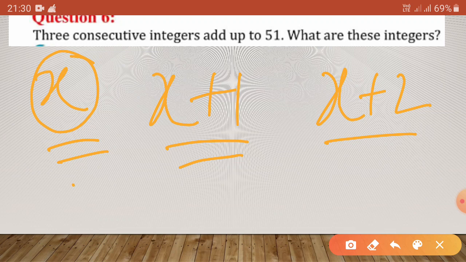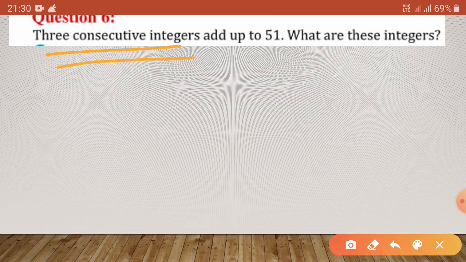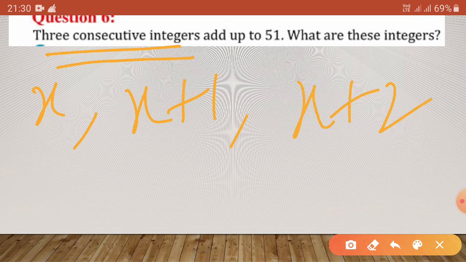Suppose x is 1, then it will give us 2, and then 3. So basically for three consecutive integers the numbers will be x, then x plus 1, and then x plus 2.